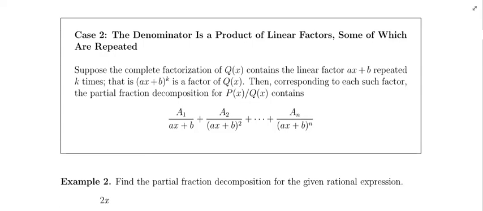In case 2, the denominator is still a product of linear factors, but now one or more of those factors are repeated. Suppose the complete factorization of q of x, which remember is the denominator of your original fraction, contains the linear factor ax plus b repeated k many times.